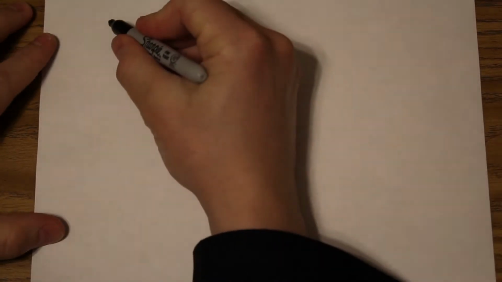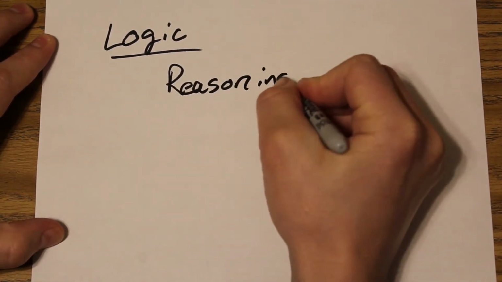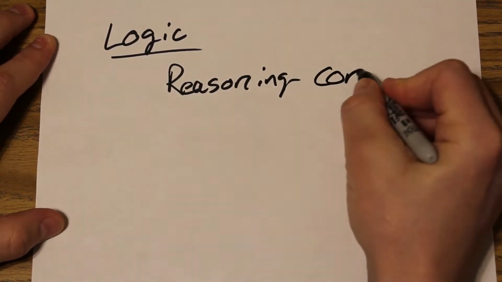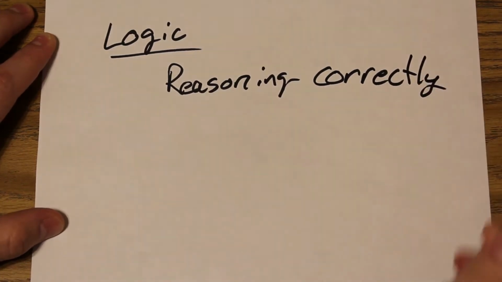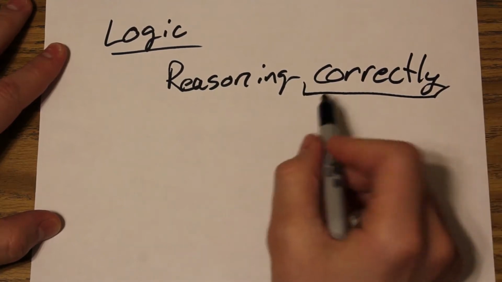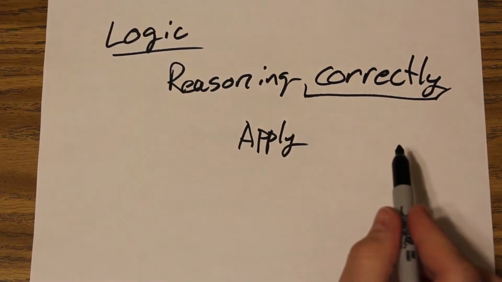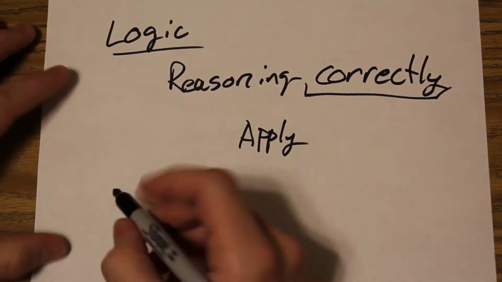All right, a lot of what we've mentioned so far about logic is that it's reasoning, and it's reasoning correctly. That's what we're mainly concerned about. But why? Well, we want to take what's correct and then apply that to any new circumstance, new situations.